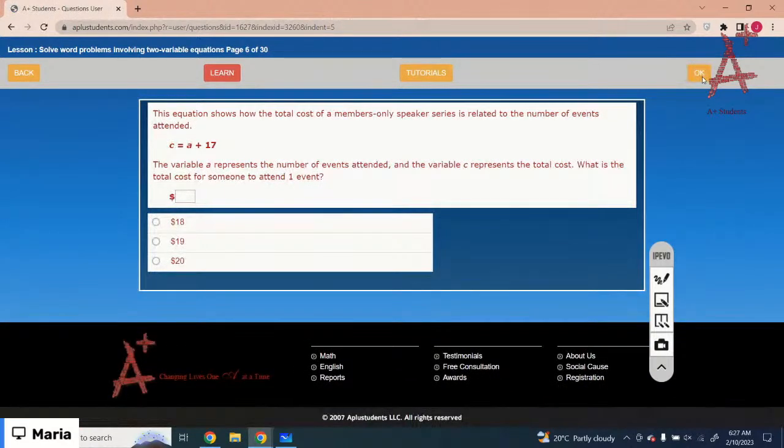Okay, the next one is the equation shows how the total cost of a members only speaker series is related to the number of events attended. C equals A plus 17. So the variable A represents the number of events attended and the variable C represents the total cost. What is the total cost for someone to attend one event?